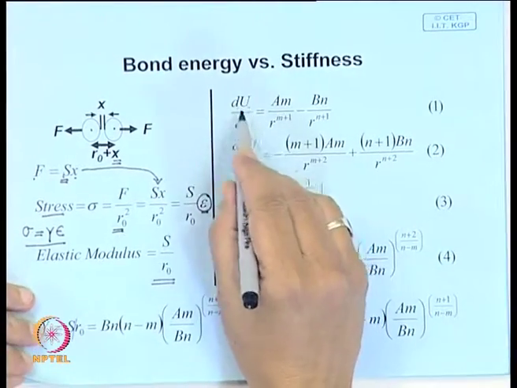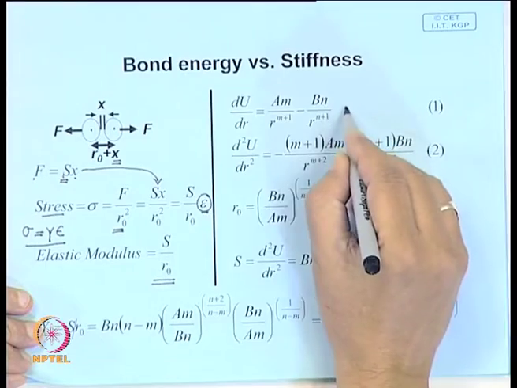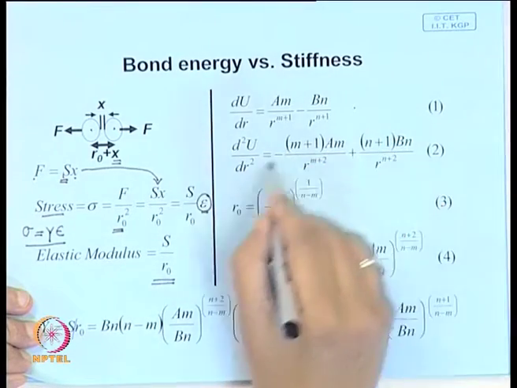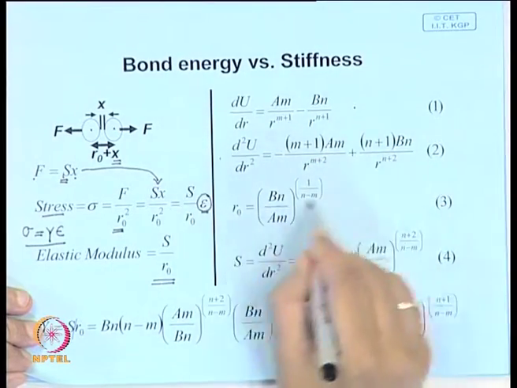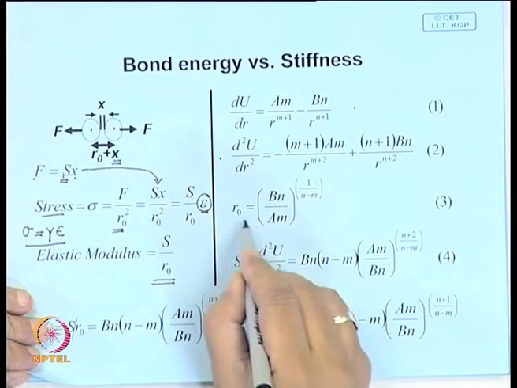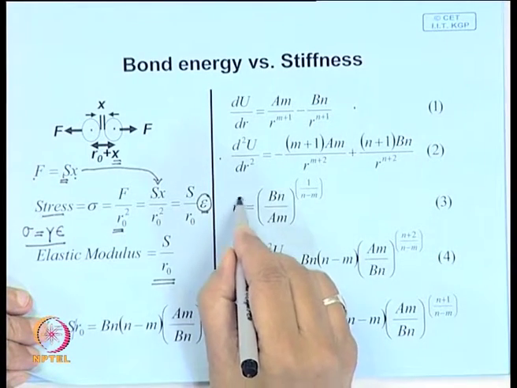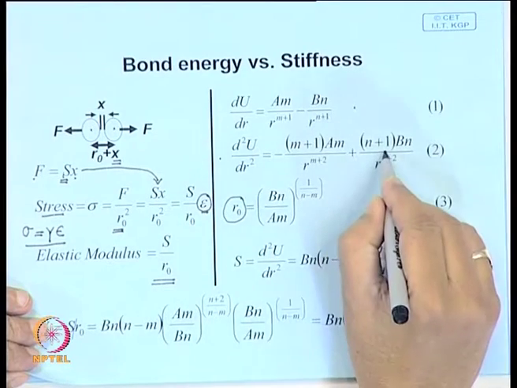Now, if you differentiate this bond energy, this is the first differential, differentiate it a second time, you get this, and substitute the value of r naught over here.